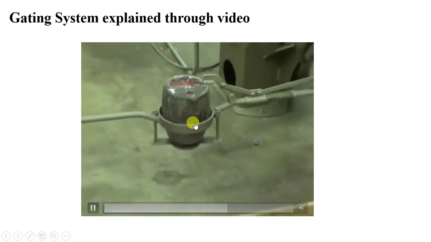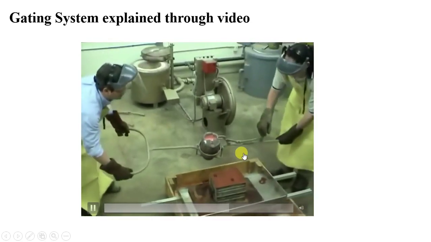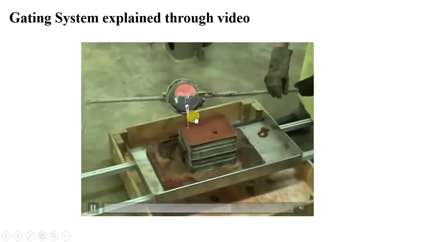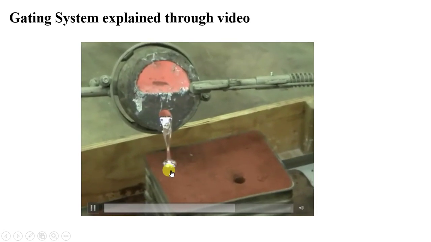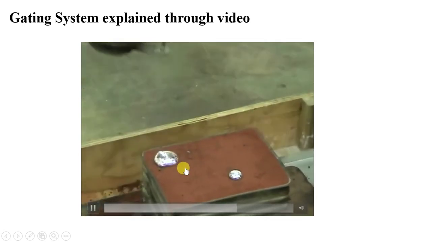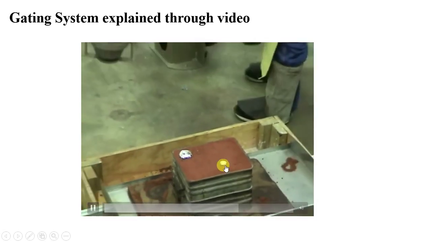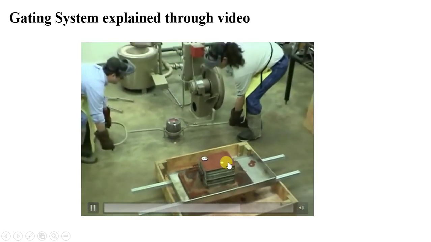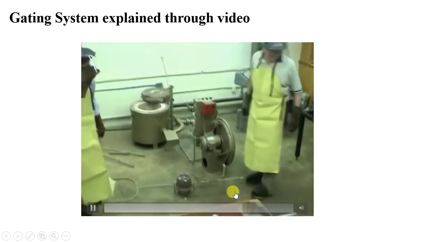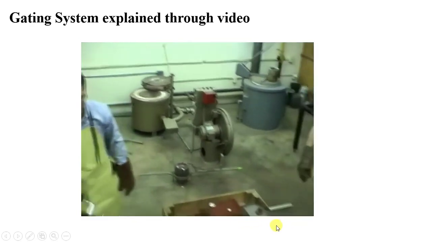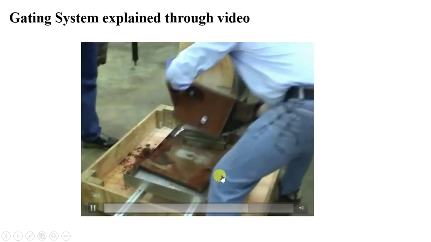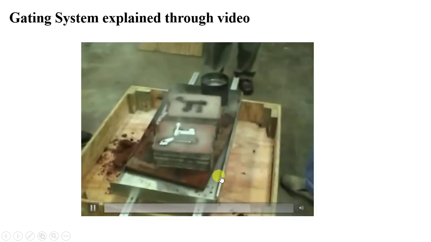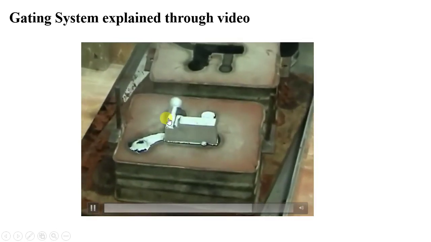Your molten metal jar is filled and they are pouring that molten metal into the runner. Here the cavity will be low, and here you can observe that the whole cavity has been filled with this molten metal. This is an actual component now.